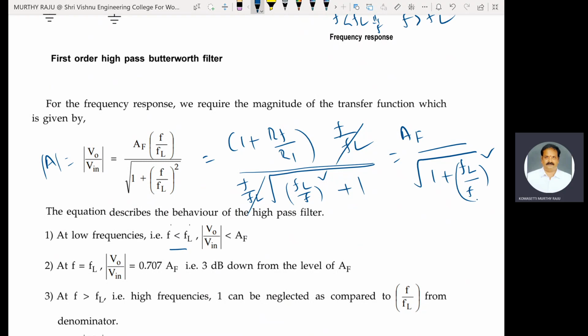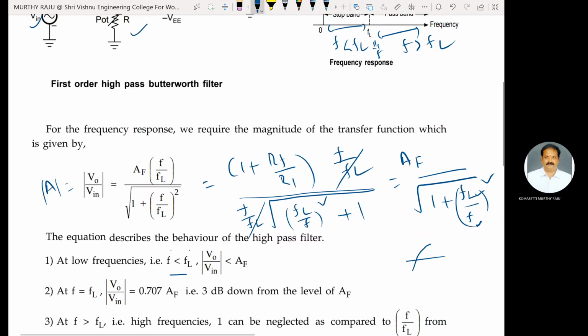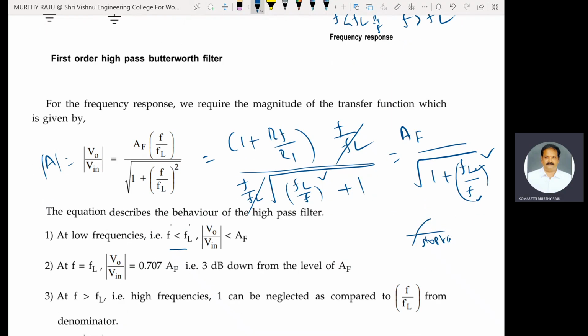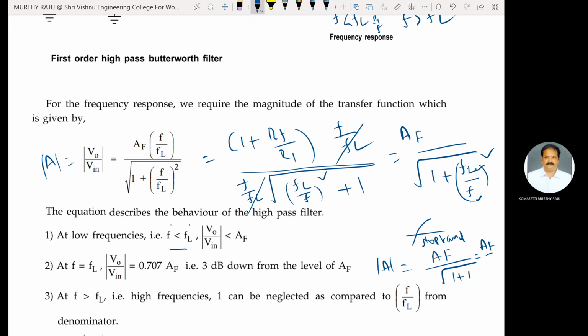This is at low frequencies, that is the stop band. At F equal to FL, mod A is equal to AF by square root of 1 plus FL and F are equal, therefore 1 square, that is equal to 1, so AF by root 2 at F equal to FL.